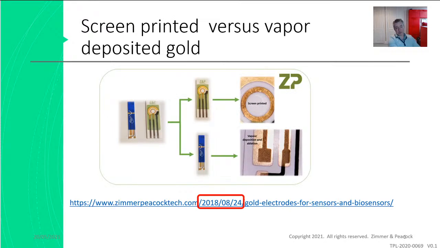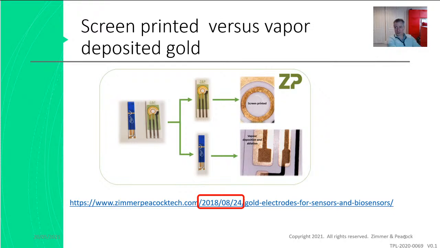Roughness with the screen printing means you have more surface area. I think with vapor deposition you can make finer features. So if you're considering vapor deposition and screen printing, I think screen printing is generally quite good down to 200 micrometer type features, but vapor deposition can get you a lot smaller than that.